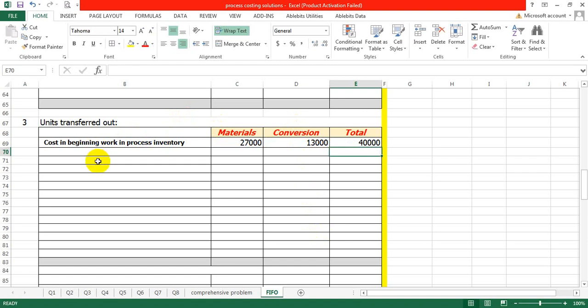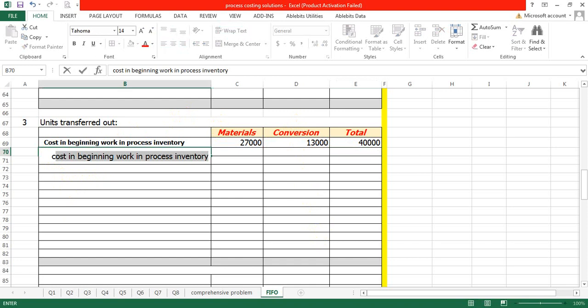Okay, now the cost to complete the units in beginning work in process.